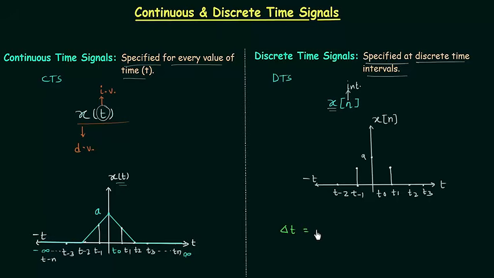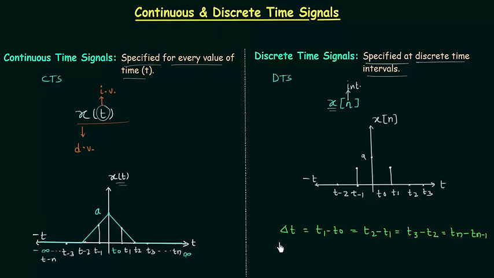So this is the plot of the discrete time signal, and the time interval delta t, which is equal to t1 minus t0, t2 minus t1, t3 minus t2, and so on, may or may not be the same. If this time interval is the same, this means t1 minus t0 is equal to t2 minus t1 is equal to t3 minus t2 equal to tn minus tn-1.